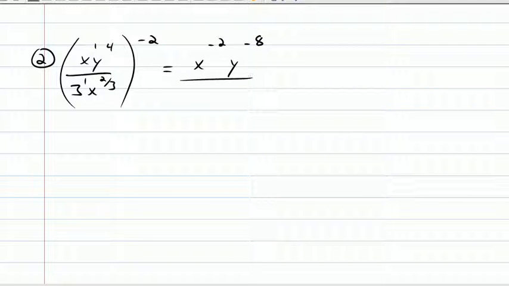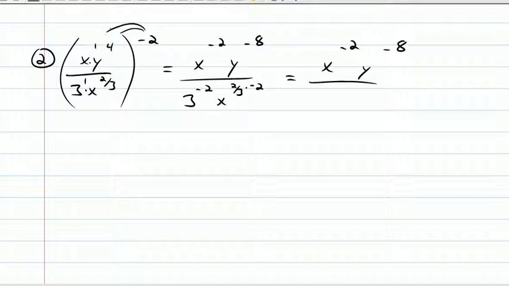On the bottom, you've got 3 to the negative 2 and x to the 2/3 times negative 2. So x to the negative 2, y to the negative 8. Remember, this works because it's all multiplication. You can't really think about distributing an exponent if you have addition or subtraction in there. So 3 to the negative 2, x to the negative 4/3.